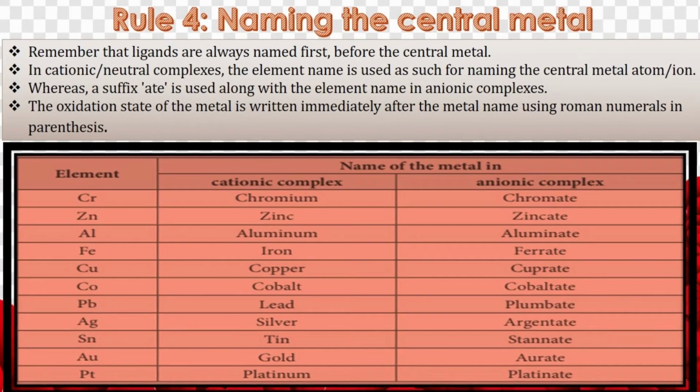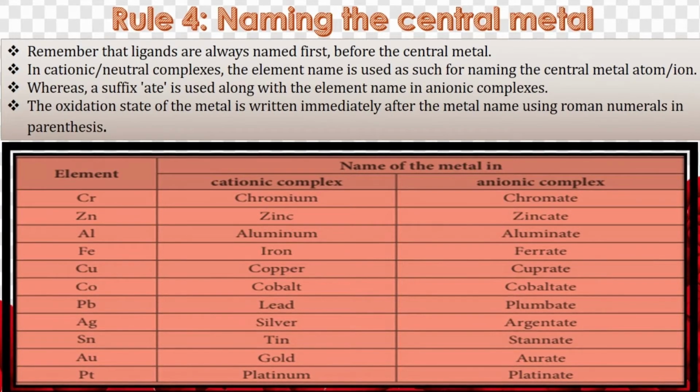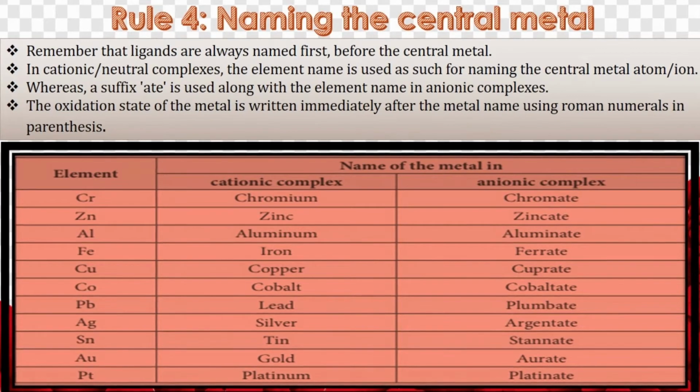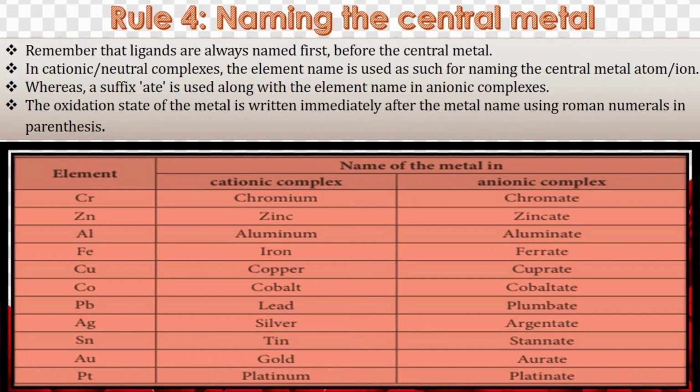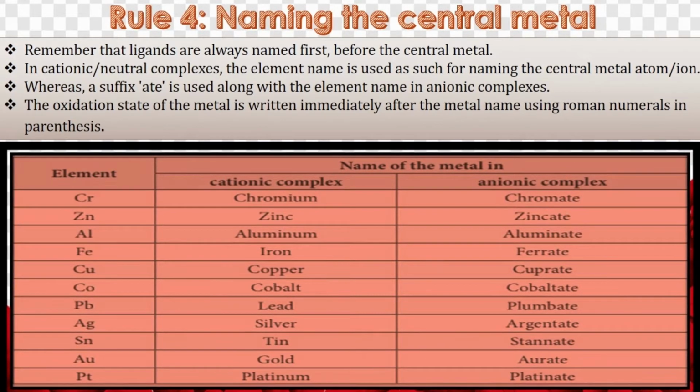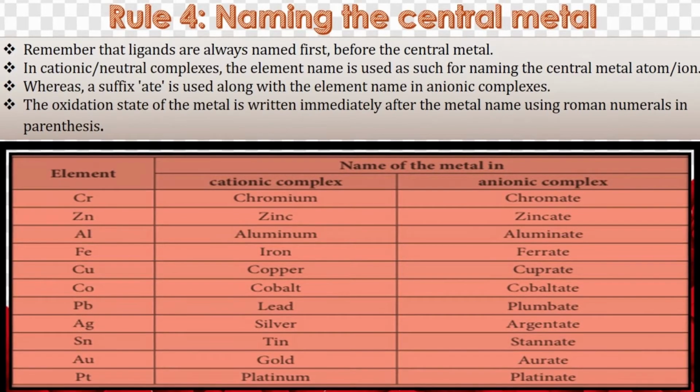For example, if chromium is present as the central metal atom in a cationic complex, then it will be named chromium itself. But when chromium is present as the central metal atom in an anionic complex, its name will end with ate.